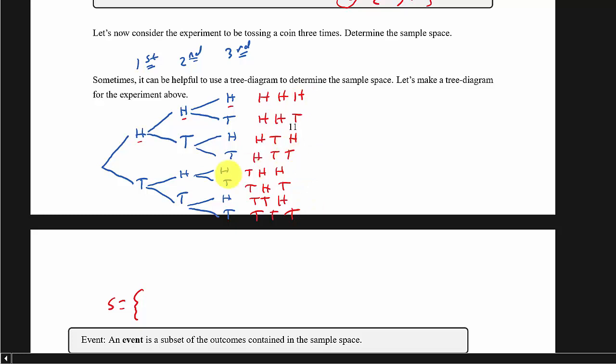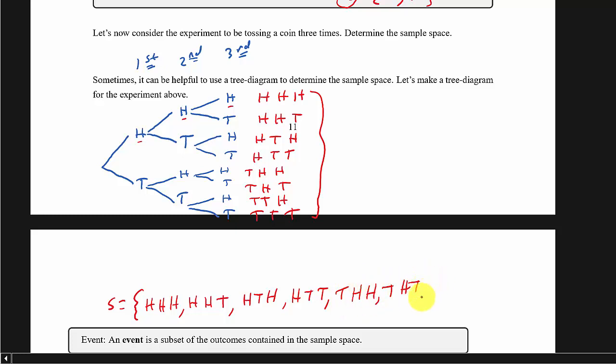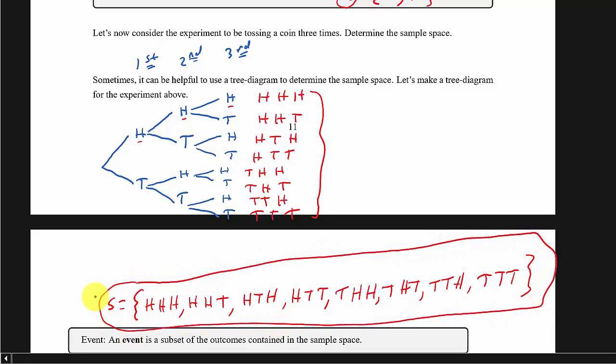So this is my sample space. All I'm doing now is just writing these down for my sample space. And you can see we got 1, 2, 3, 4, 5, 6, 7, 8 different possibilities. This is my sample space.